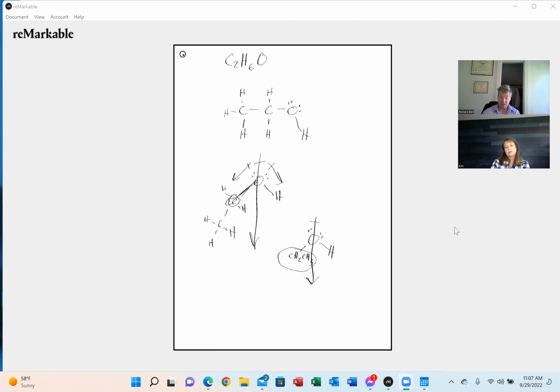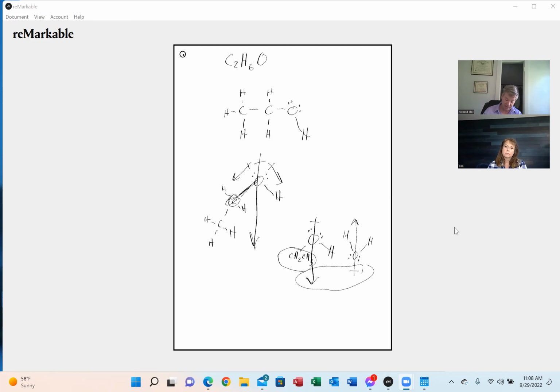So what ends up happening, it's going to interact with water this way. The partial negative side of the ethanol is going to be attracted to the partial positive side of the water.